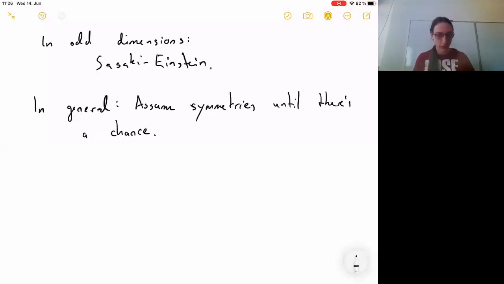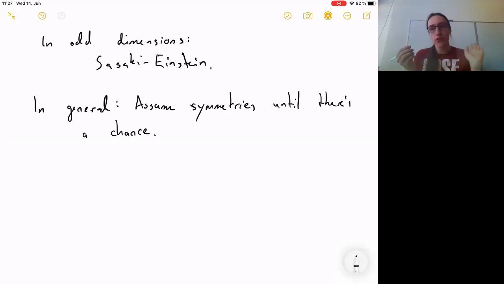Maybe symmetric spaces is even stronger. But on spheres, I already told you about Ziller's theorem. So on spheres, homogeneous Einstein metrics are classified. In general, even this is open. It's not known which homogeneous spaces carry Einstein metrics and which don't.